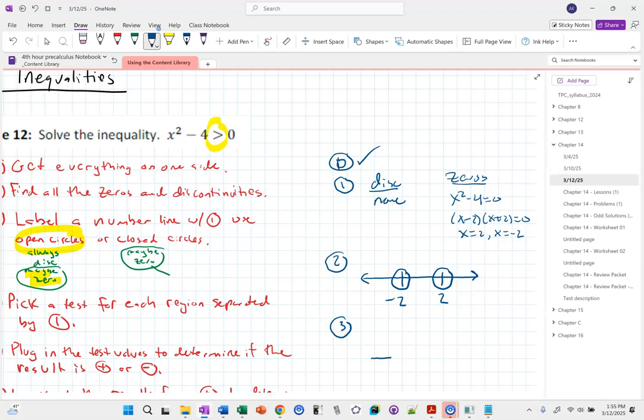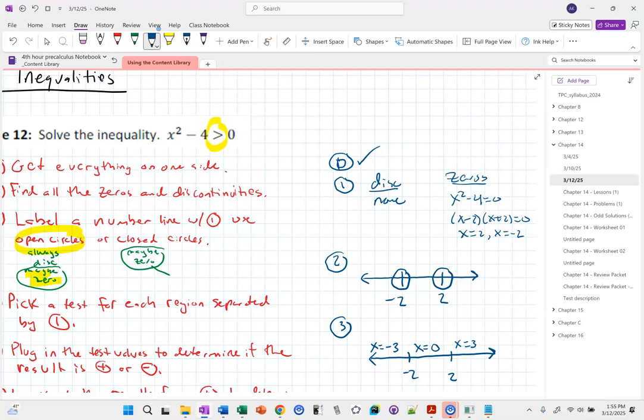In step 3 now, I'm going to pick a test value. So I need to pick a test value that's less than negative 2. Maybe I'll pick negative 3. Pick a test value between negative 2 and 2. Maybe I pick 0. And then pick a test value greater than 2. Maybe I'll pick 3.